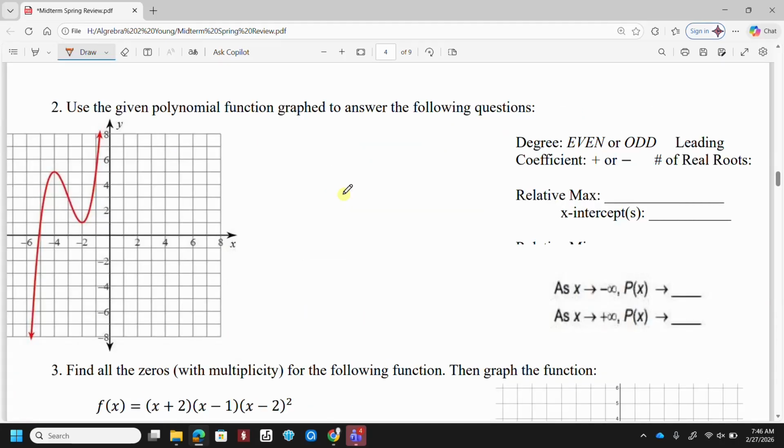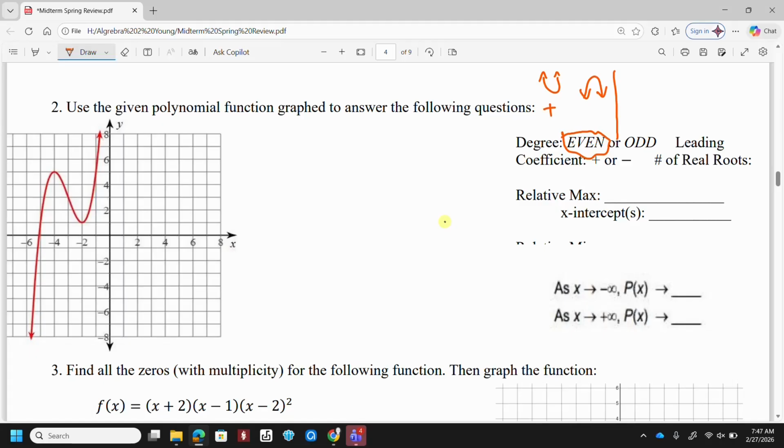Let me give you a quick summary of the degree, when the graph is even degree or odd degree. When it's even, the graph is going to go either this way or this way. If it goes up, the leading coefficient is going to be positive.